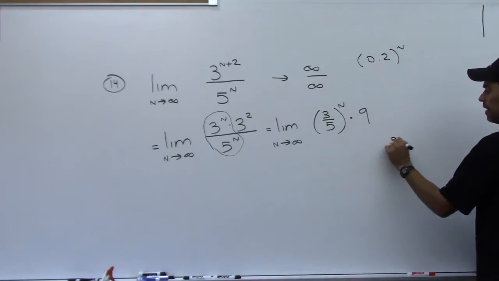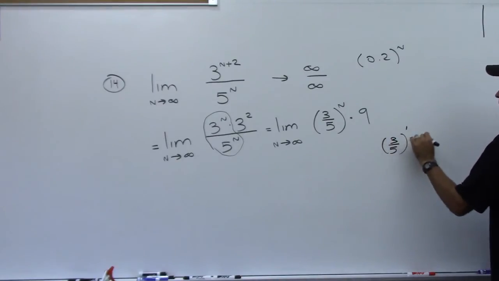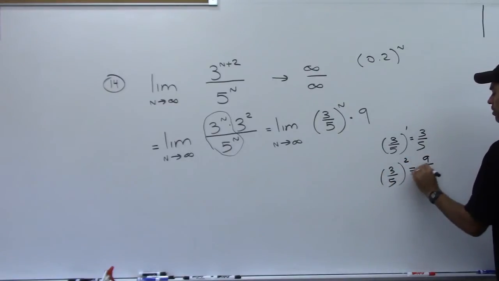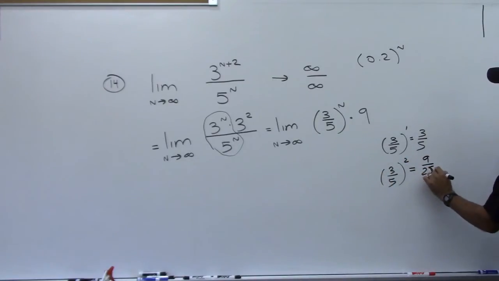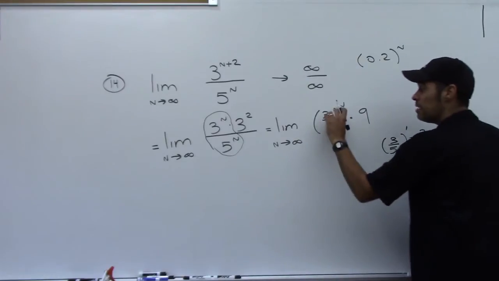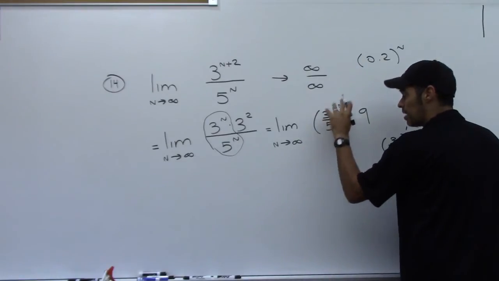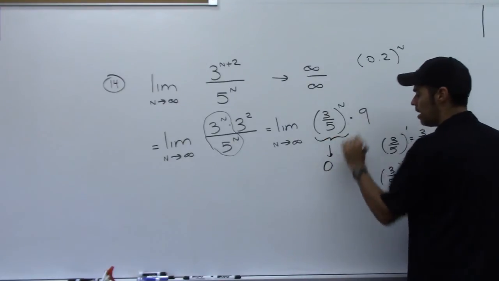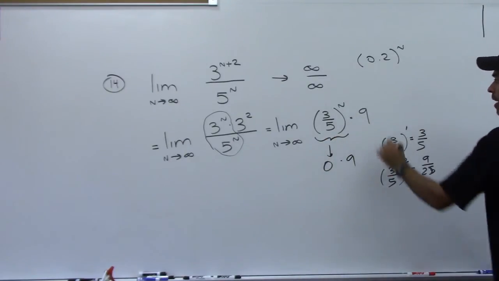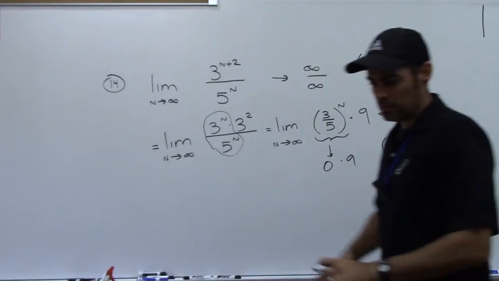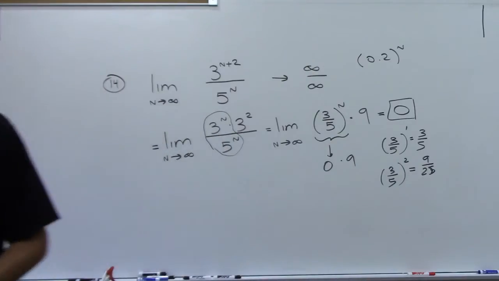If I just look at 3/5 to the first power is 3/5. 3/5 squared is 9/25. And if you compare these two, this one is smaller than this one. And then as I keep going, it gets smaller and smaller and smaller. So as long as the number in here is less than 1, it's going to get smaller. And so this piece right here heads to 0. And then times 9, that doesn't really matter. The whole thing is converging to 0. So I did not need L'Hopital's rule for that. All right, quick break.